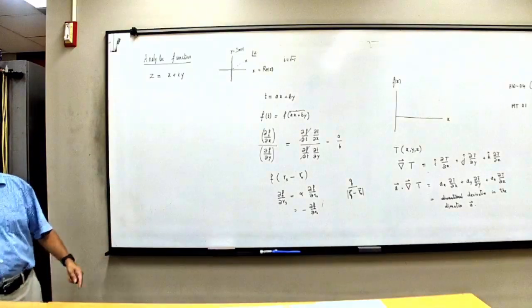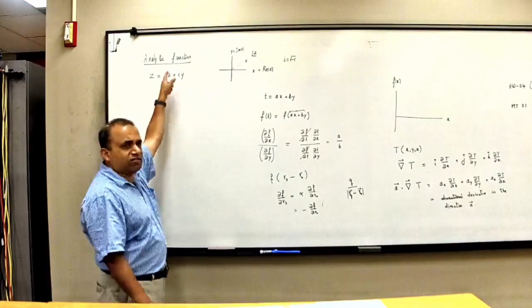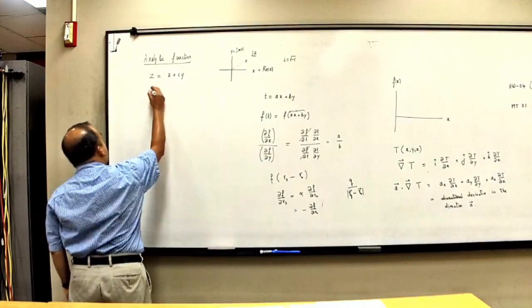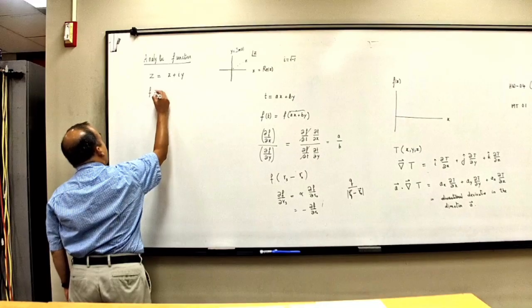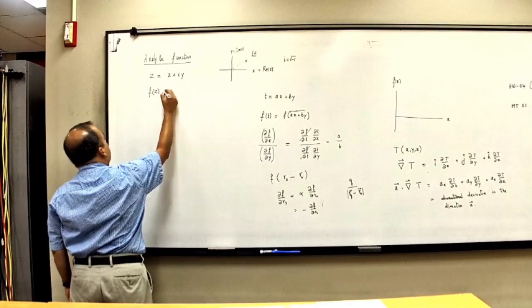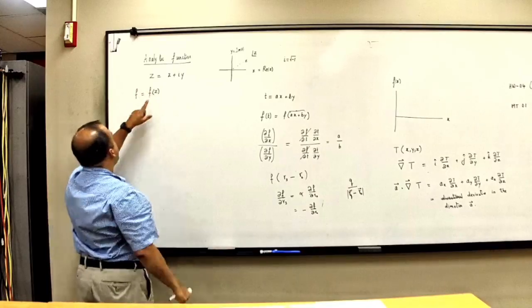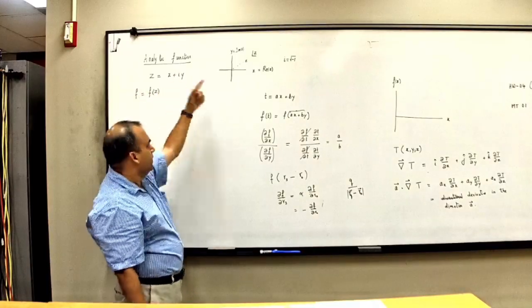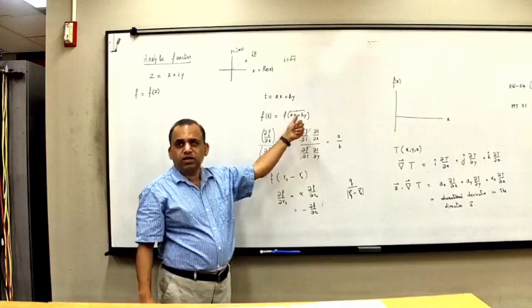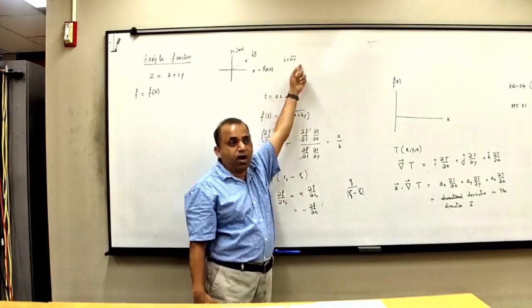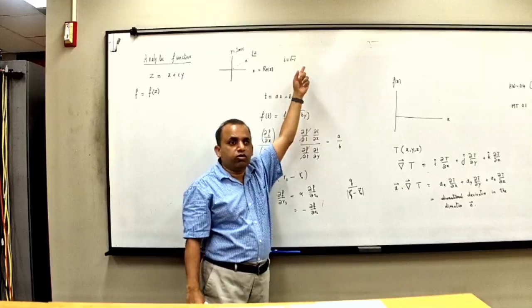But I want to emphasize that because that shows up here, because we are talking about functions of that kind. A complex function will be defined as f of z, where z is x plus iy. This is very much like a and b. Here a is equal to 1, b is equal to i, which is an imaginary number, the square root of -1.